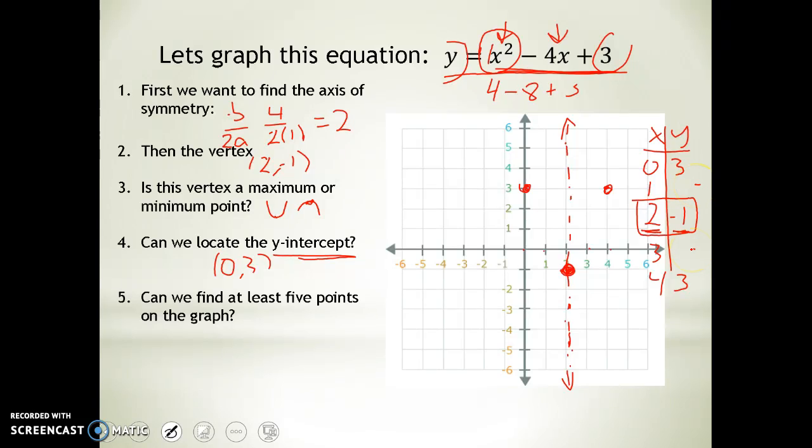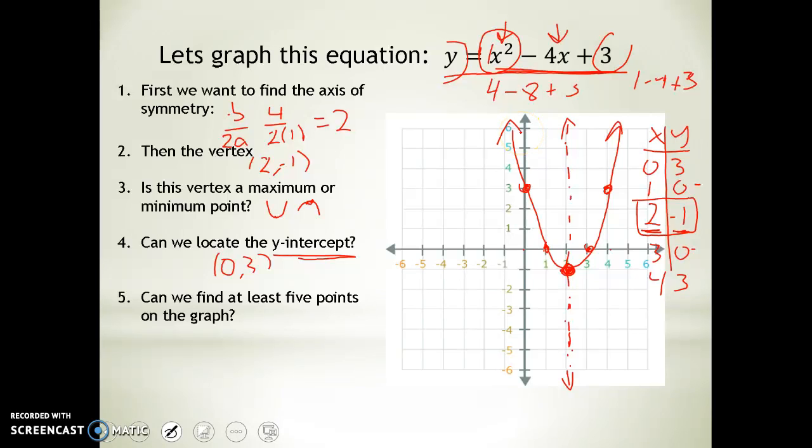They should give us the same y value because they are reflections of each other. If I plug in a 1 into my equation, I'll have 1 squared, which is 1, minus 4 times 1, which is -4, and then plus 3. And so 1 minus 4 is -3, -3 plus 3 is 0. And I would get the same thing if I plugged in 3. So I have a point here, and I have a point here, and my parabola looks like this.